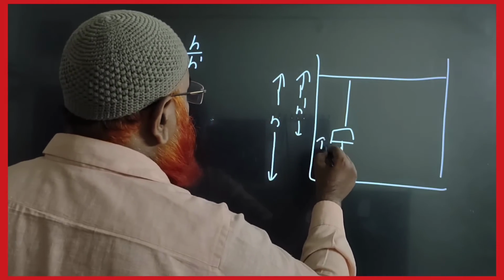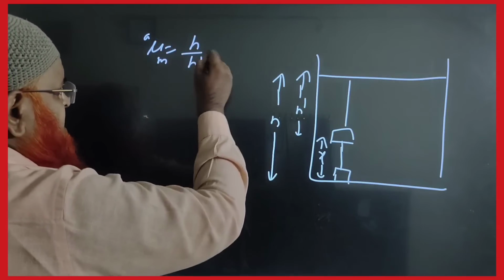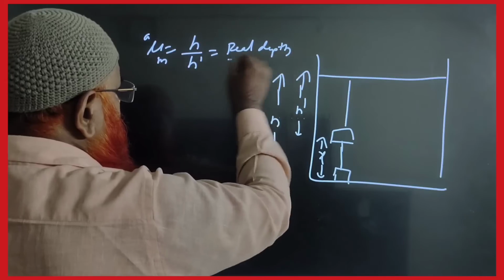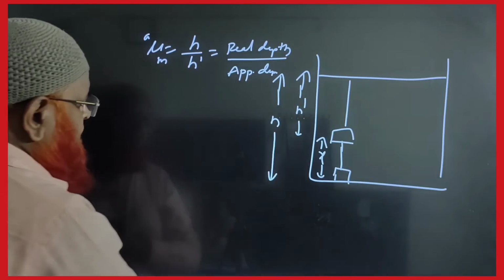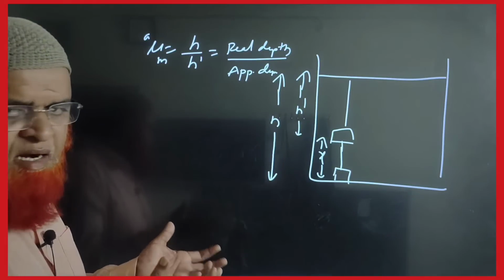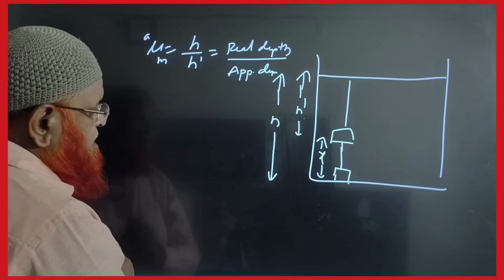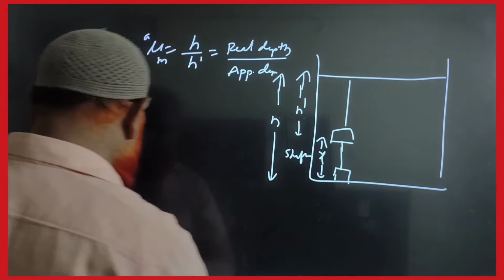Now I would like to find out what the shift is here. How can you find the shift? Refractive index is H by H dash, which is real depth divided by apparent depth. I would like to find the raise, the shift. X is said to be the shift here. How can you find this shift?